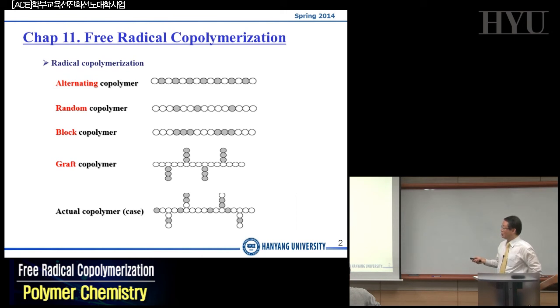So the entropy of this chain might be increased, so that you may have a different property of this graft copolymer versus the block copolymer. So the final property of this graft copolymer might be different from the rest of the copolymers.